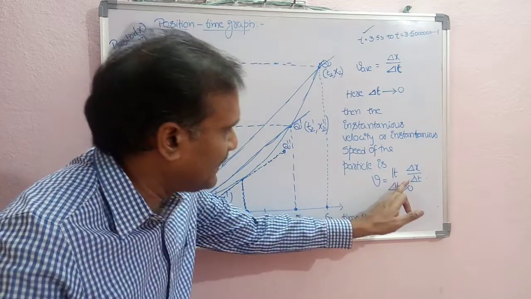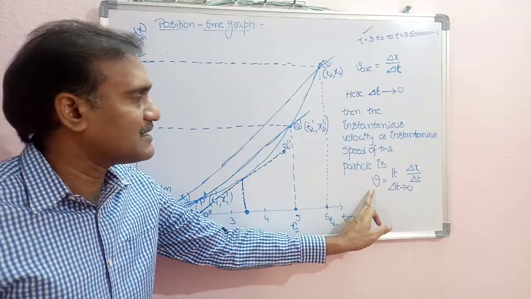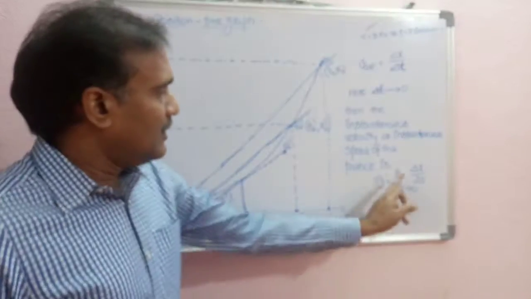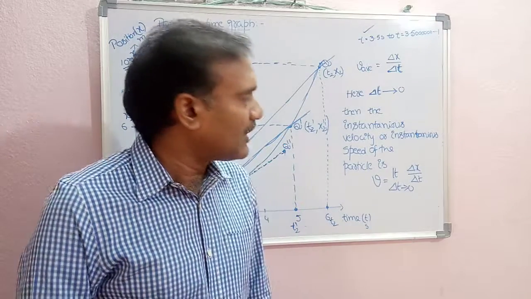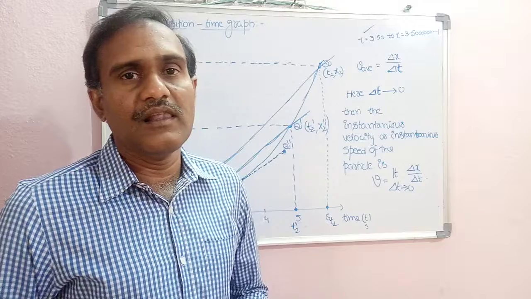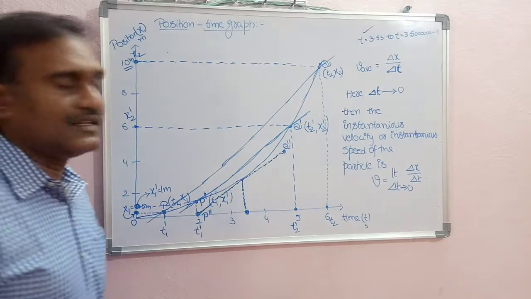We want to represent the instantaneous speed or instantaneous velocity with the help of this equation, because delta t is almost equal to 0. Therefore, what about the delta x value? It is also very, very small. Therefore, this line becomes the tangent.